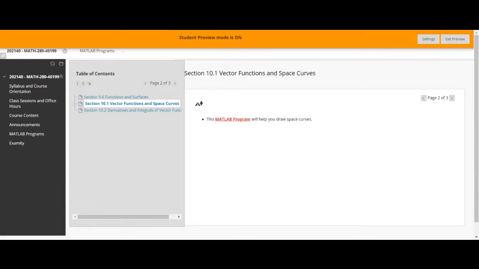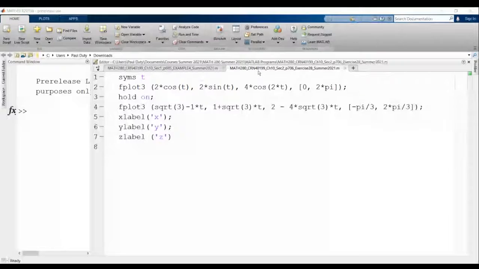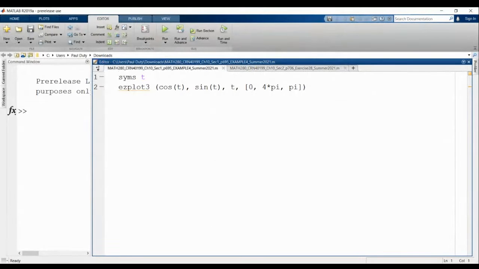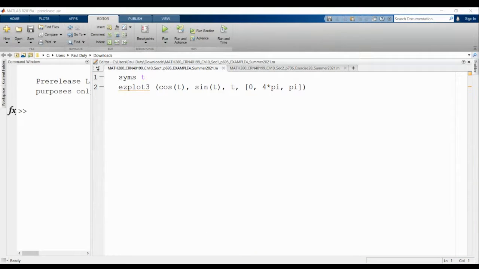And I'd like you to open up the MATLAB program too. Okay, this is the program right here. I'm using one called EasyPlot3.